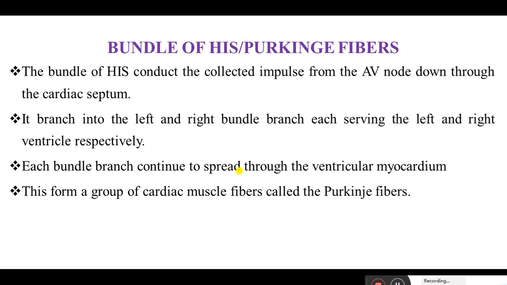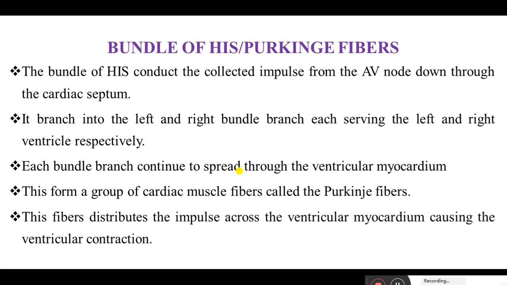And as the AV node releases the impulse, it travels down the bundle of His to the two main branches, the left and right bundle branch, down to the Purkinje fibers, and together the Purkinje fibers distribute the impulse across the ventricular myocardium, therefore causing the ventricles to contract and create a pressure within the lumen of the ventricles to eject blood to the lungs and to the system.